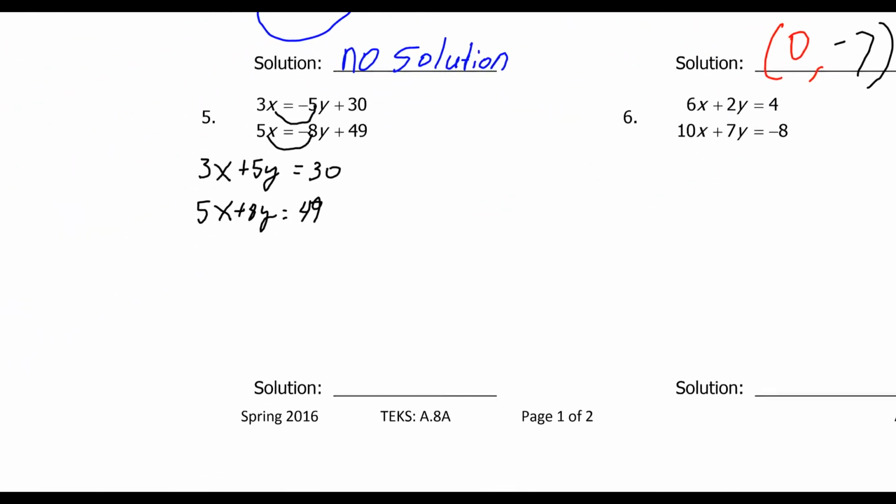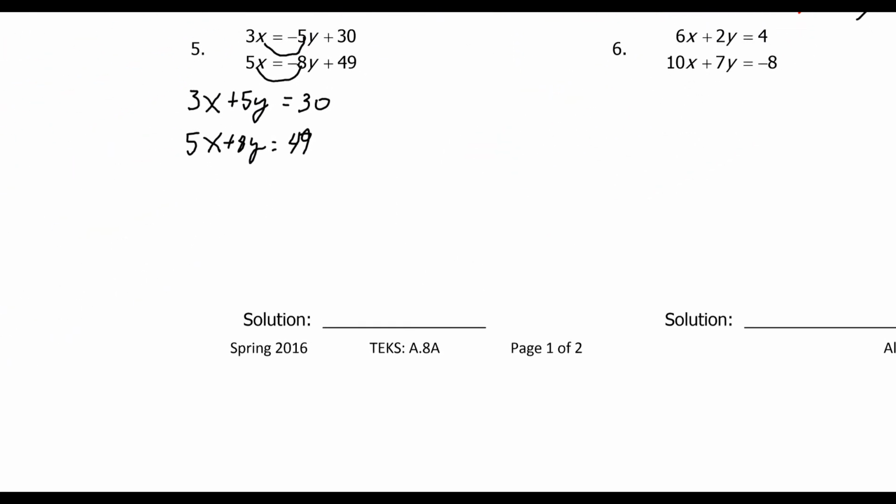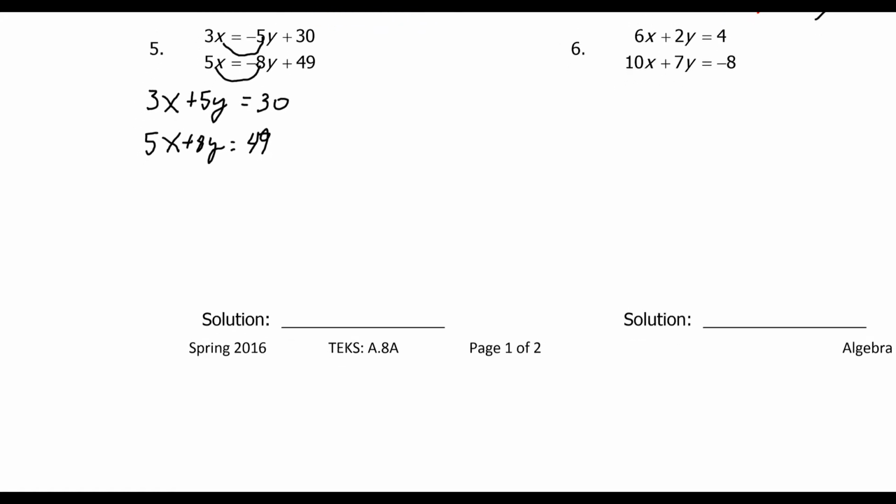Okay, so what we're going to have to do is come up with our own 0 pair here. Now, in order to do this, we are going to multiply the top and bottom by some number to get a common multiple. Okay, in this case, I would say to use 5 on the top and -3 on the bottom.